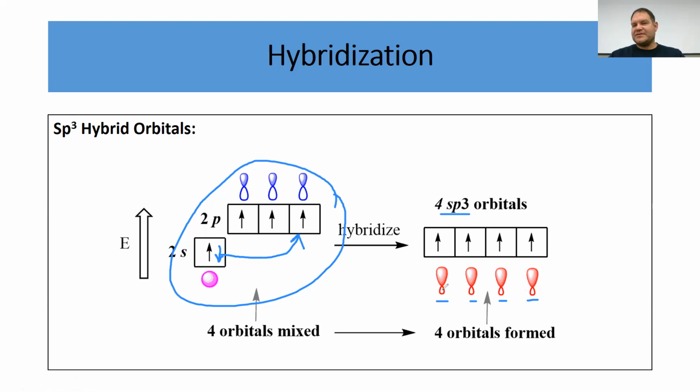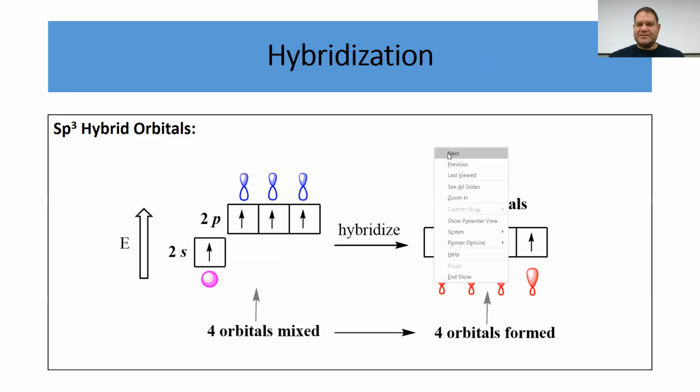That means it has the greatest probability of finding a bonding electron or a pair of bonding electrons in this lobe. So somewhere here and here, we're going to have a bonding situation occur: one electron donated from the carbon, and the other electron donated from some other atom that it is bonding to, okay? I just wanted to show you that really quick.